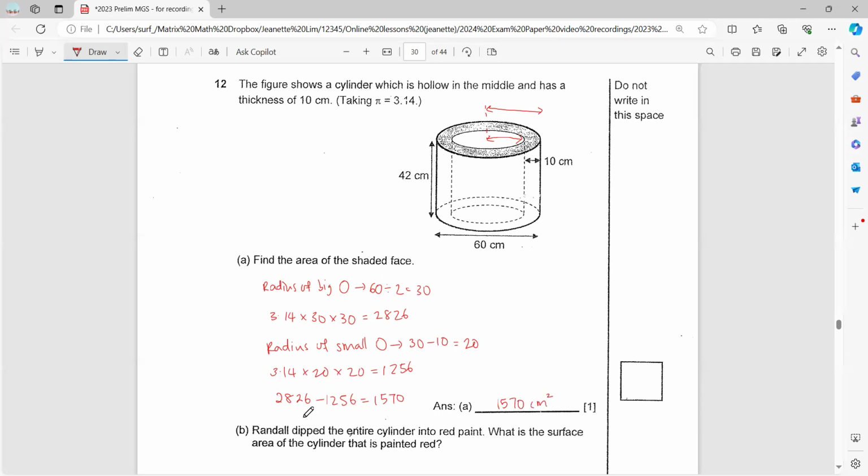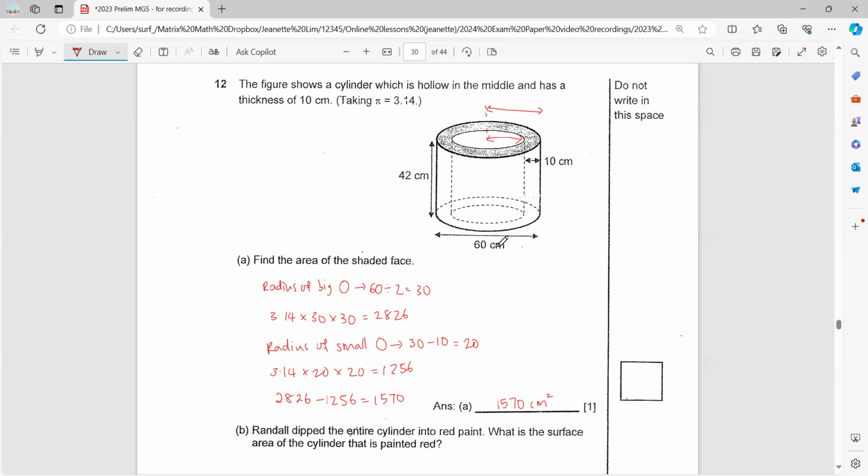Part B, Randall dipped the entire cylinder into red paint. What is the surface area of the cylinder that is painted red? Okay, so take note that this cylinder has this hollow portion. So first we want to find the circumference.